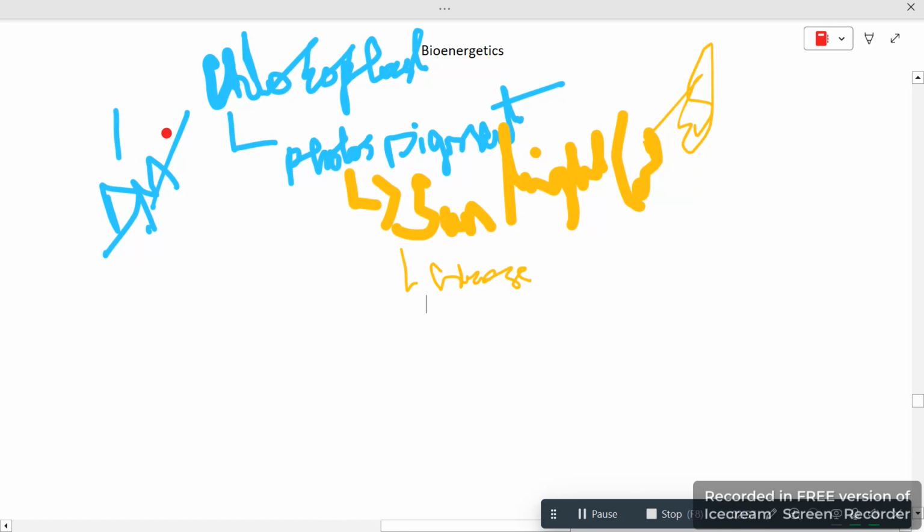Okay, so yes, when the sunlight is absorbed, it is converted into solar energy. Solar energy is simply the stored form.